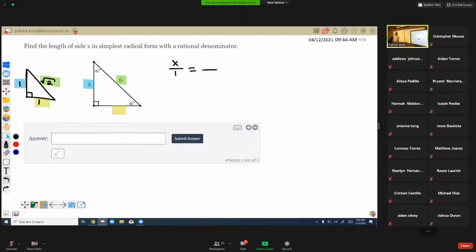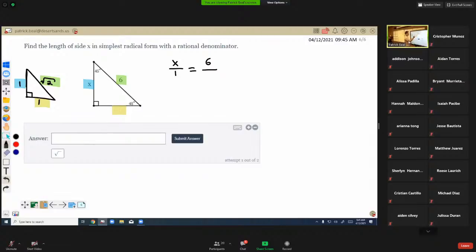You know what the green fraction would be? 6 over, yes.